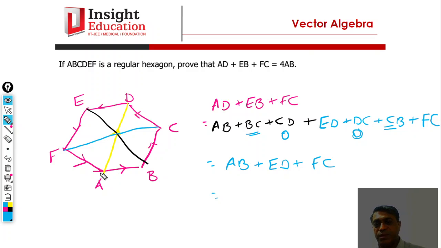If I consider the direction of AB and ED, and the magnitude, then AB is equal to ED. So I can write AB plus FC, so I can consider 2 times AB. FC is AB plus AB. So I can write 2 times AB, so that is equal to 4AB.